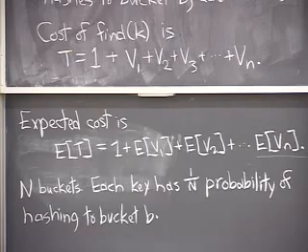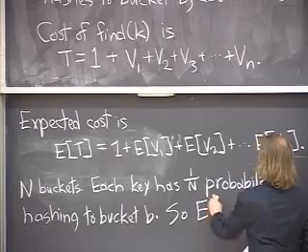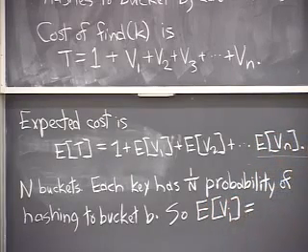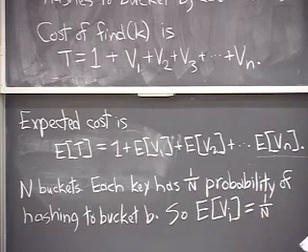So for any one of those random variables, its expected value is, well, with probability 1 over N, it is 1, and otherwise it is 0. So the expected value is 1 over big N, and that's true for every one of those random variables.